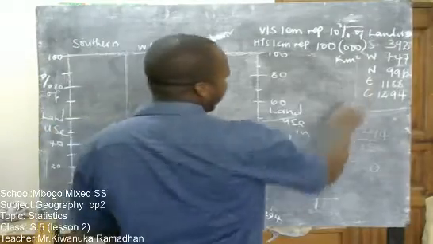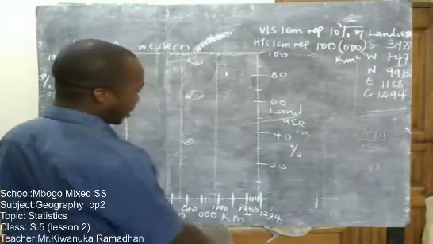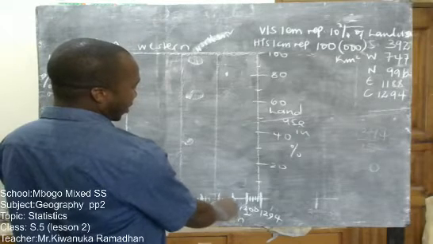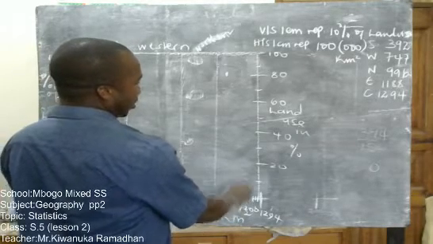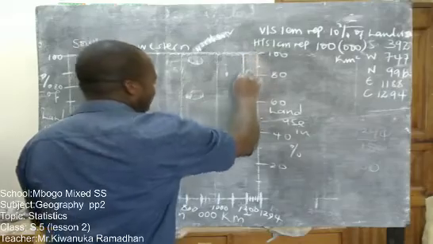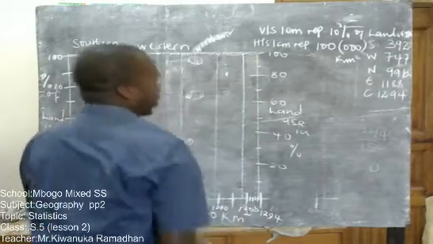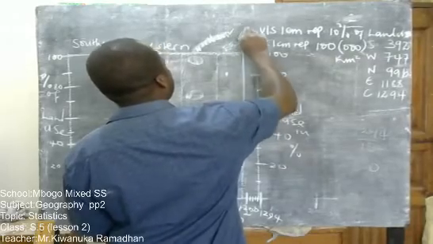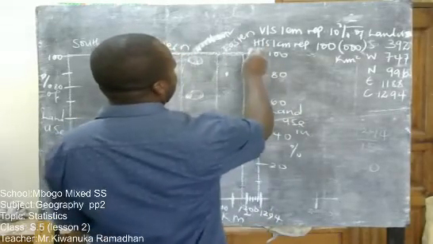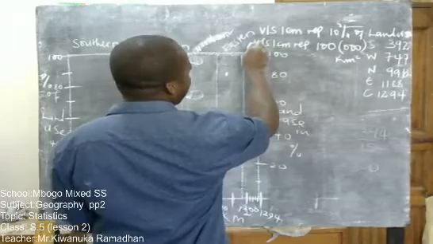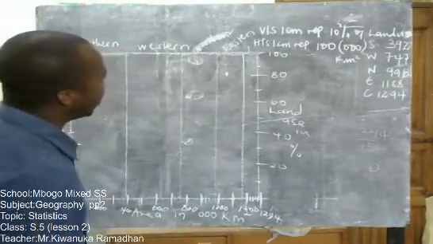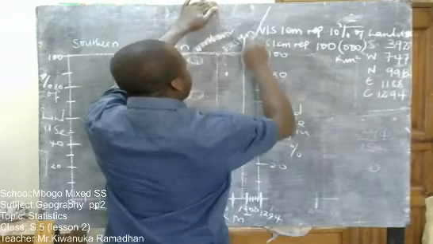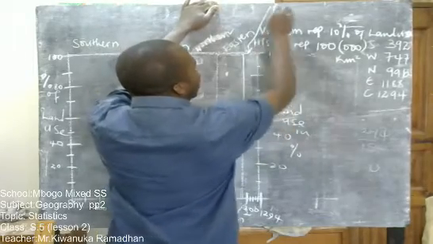Then we go to eastern, 1118. 1188 is somewhere there where you use your ruler. This is now eastern, and this one, my chalkboard is a little small, but let me put the arrow like this.